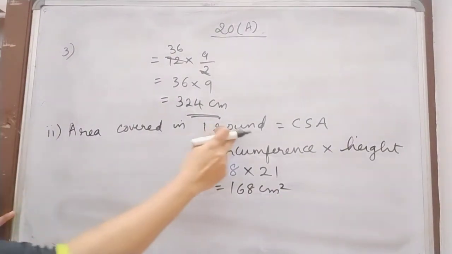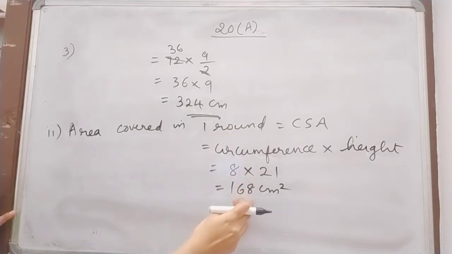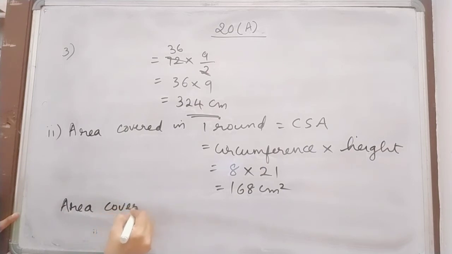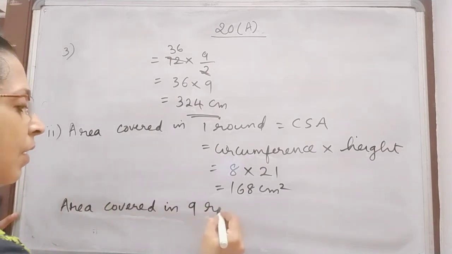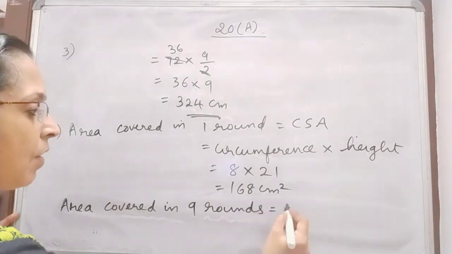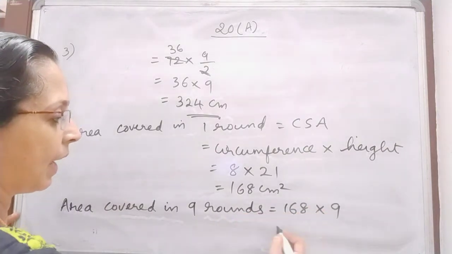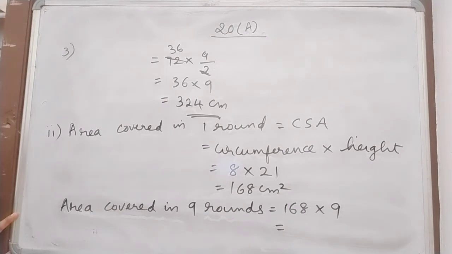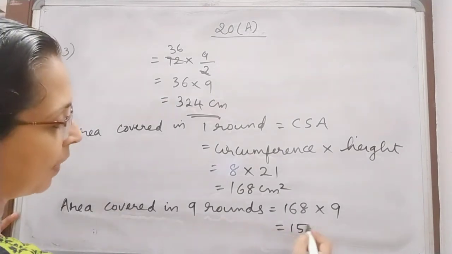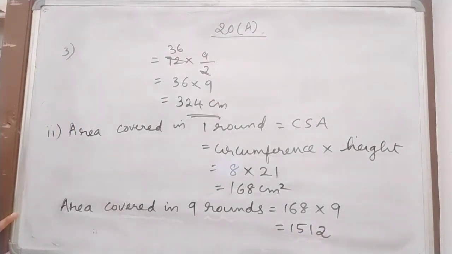Area covered in one round is 168. Therefore, what will be the area covered in 9 rounds? It is equal to 168 into 9, which is equal to 1512 centimeter square.